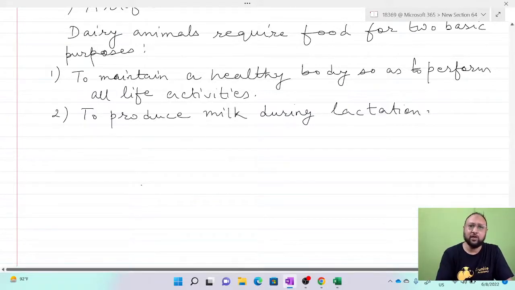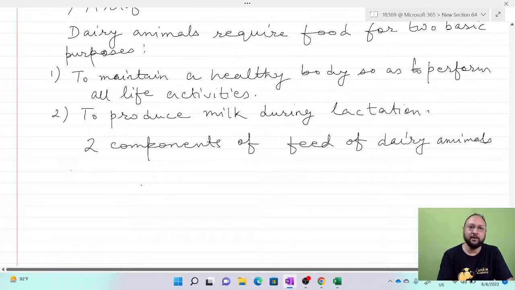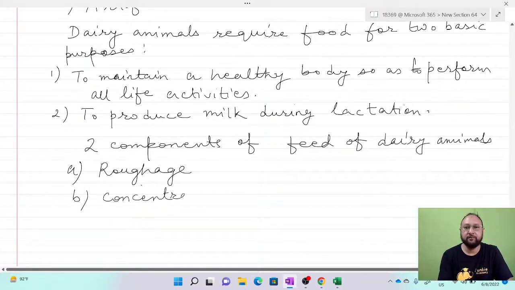A normal feed of dairy animals like cows and buffaloes consists of two kinds of components. Number A is roughage, and number B is the concentrate. You studied this in the previous class also, I think in class 8 maybe.